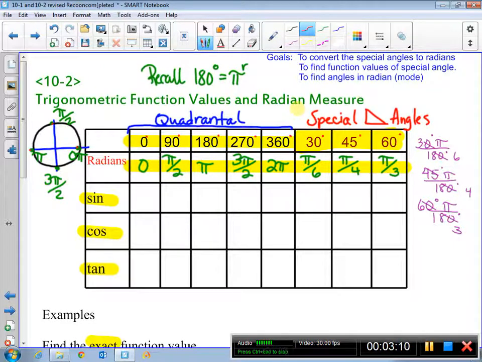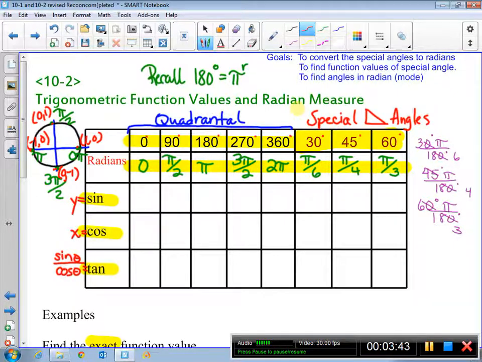Walking around the unit circle, we know our points are 1, 0, 0, 1 at the top, negative 1, 0, and 0, negative 1 at the bottom. And so remembering also that the cosine is our x coordinate and the sine is our y coordinate, and that tangent is sine divided by cosine. So all these little reminders from chapter 9 are still in play.